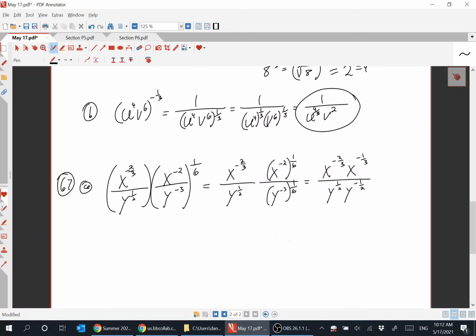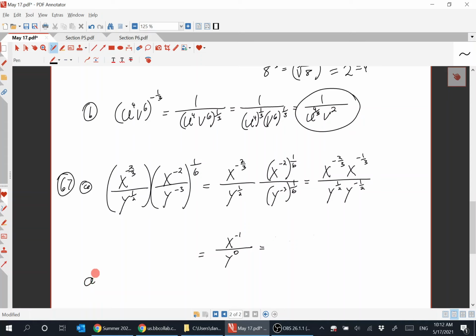All right, so now add the x to the minus 2/3 and x to the minus 1/3. Same base, different exponents, so we add those exponents. Same thing down at the bottom here. So I have x to the minus 1 over y to the 0. What's y to the 0?